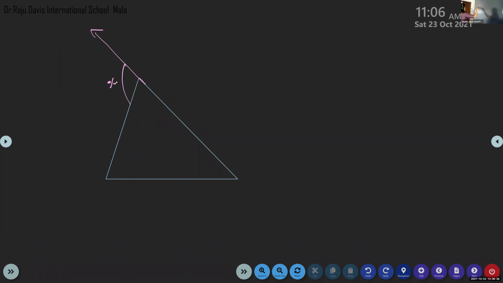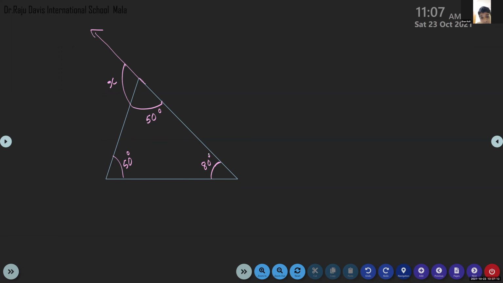And all the three angles will be given to confuse you. This is 50, this is 50, and this is 80. So, what is the value of X? Ehan, can you try the problem?